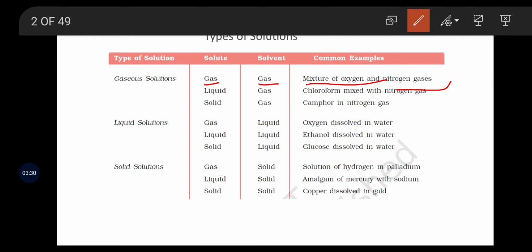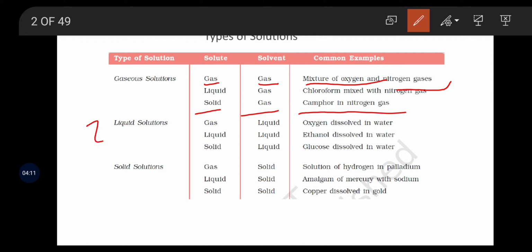If the solute is a liquid dissolved in gas, the type of solution is liquid in gas. Example, chloroform mixed with nitrogen gas. Third, if a solid is present in gas, that solution will be solid in gas. Example is camphor in nitrogen gas, because camphor is a solid substance.